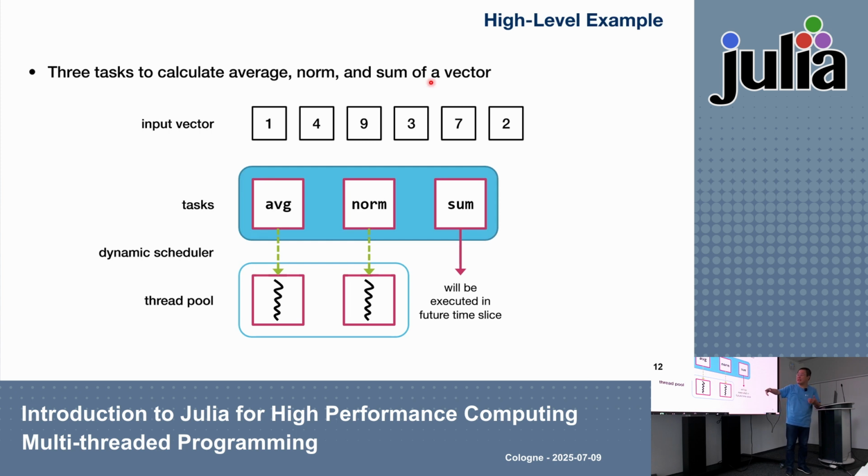Let's say at this time slot, those 2 tasks, average and norm, will be executed, and maybe in the next time slice, the sum will be scheduled. But the most challenging part for you as a programmer is to make sure that the final result is always correct, independent of the order in which tasks are executed.